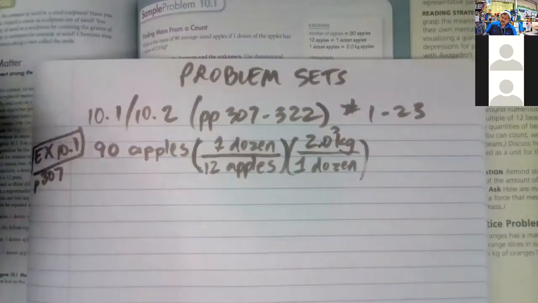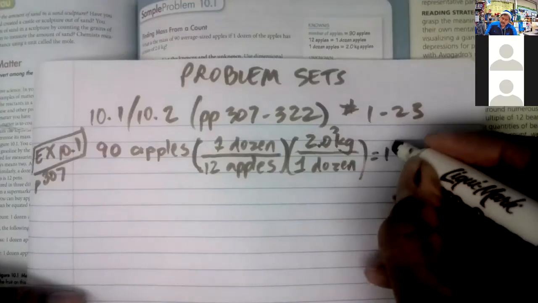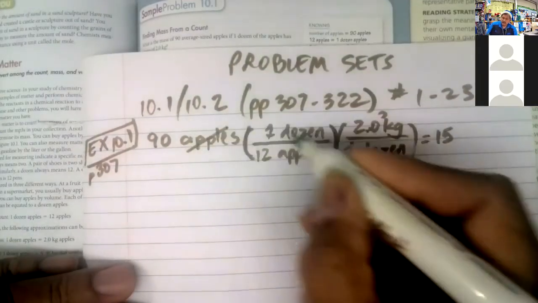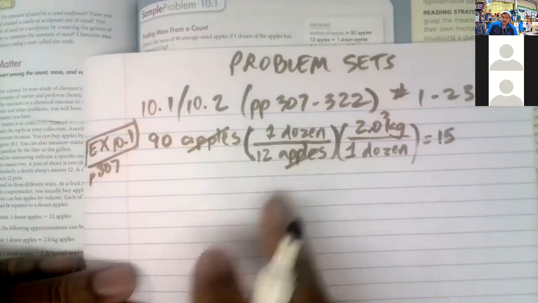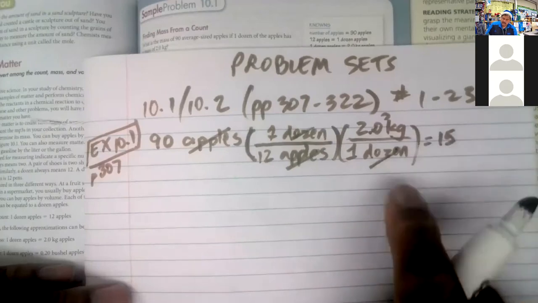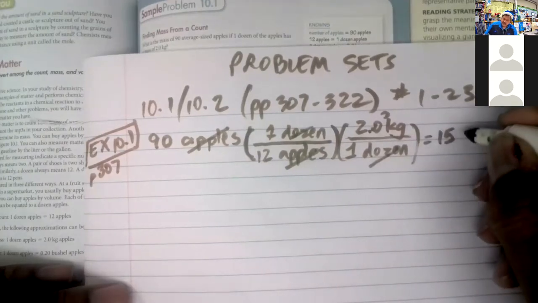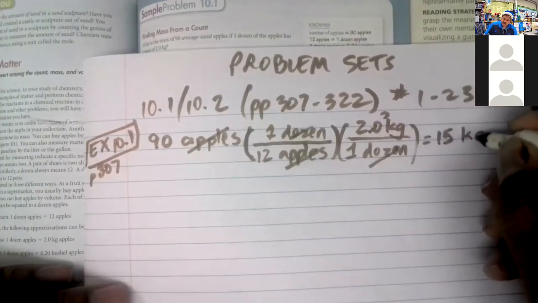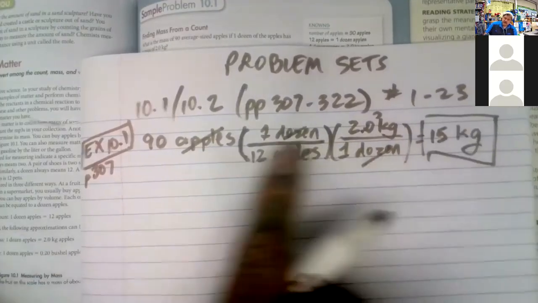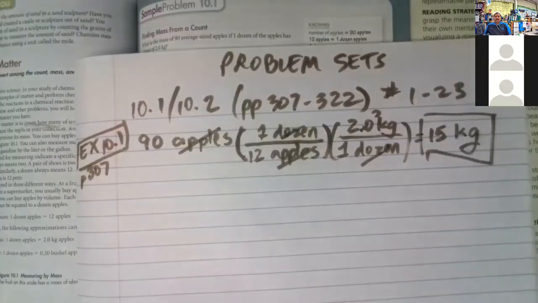So my answer is 15. That's my numerical answer. But if you look at what I canceled, you can cancel out apples, top and bottom. You can cancel out dozen, dozen, and you're left with kg. And that's exactly what we wanted, 15 kilograms. Box your answer, show your work. Yay. Okay, so that's how you do that.